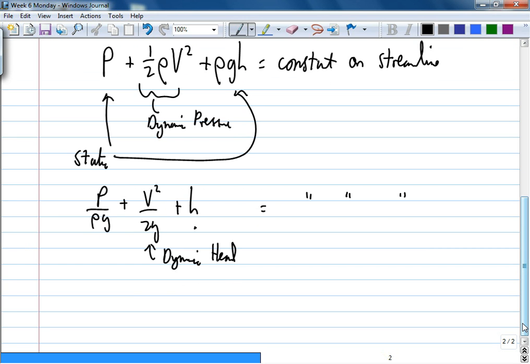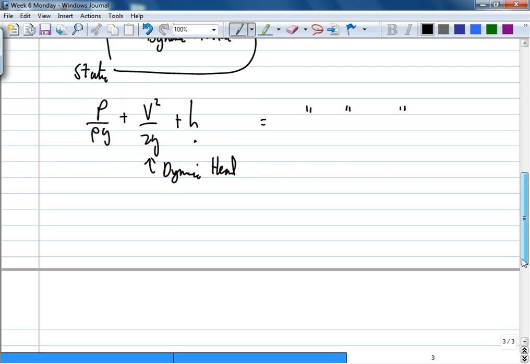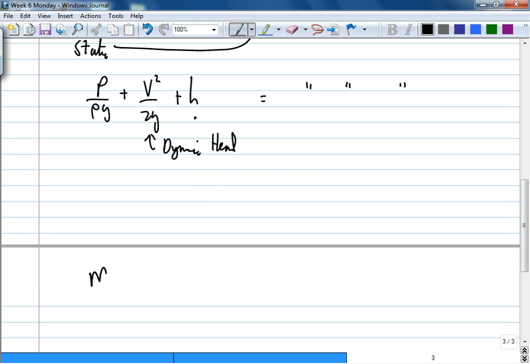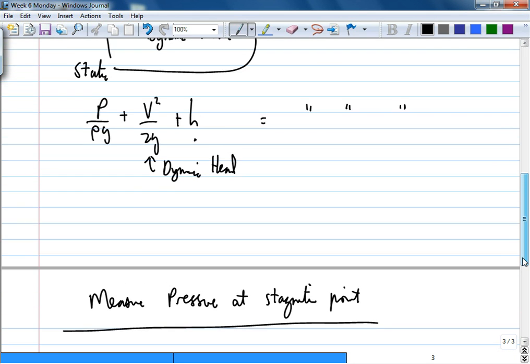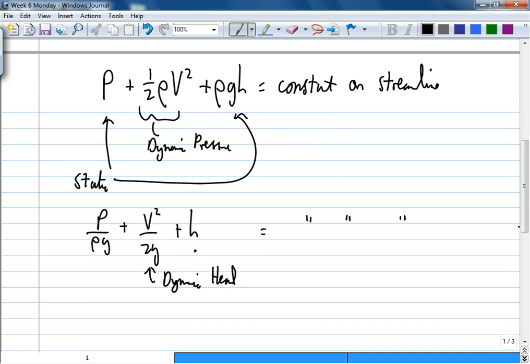One way of doing that is to measure the pressure at a stagnation point. Normally the static parts, the pressure and the height, you can measure quite easily.